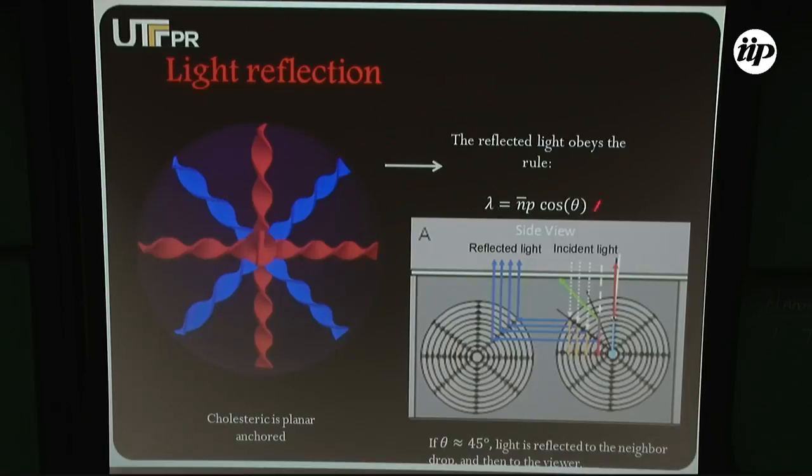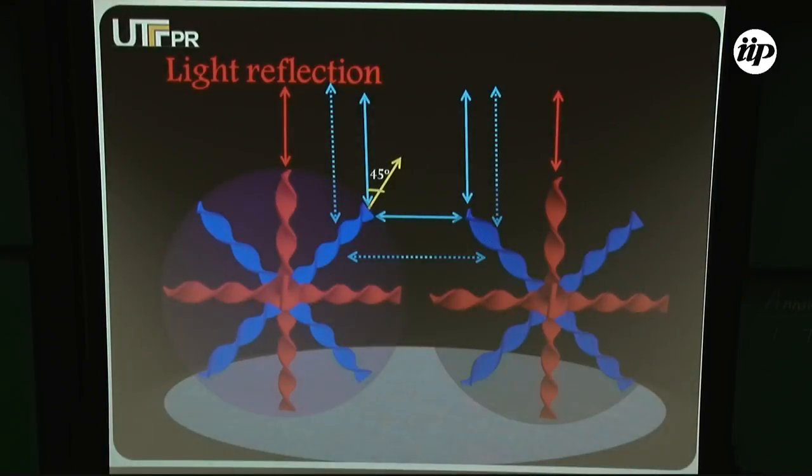And if you make a cholesteric that reflects red light, this light that reflects to the other droplet should be blue. Okay, so what you see is a kind of cross communication between the droplets, which is in another wavelength, not the one you designed from the beginning. And this is showing a little bit better how it happens.